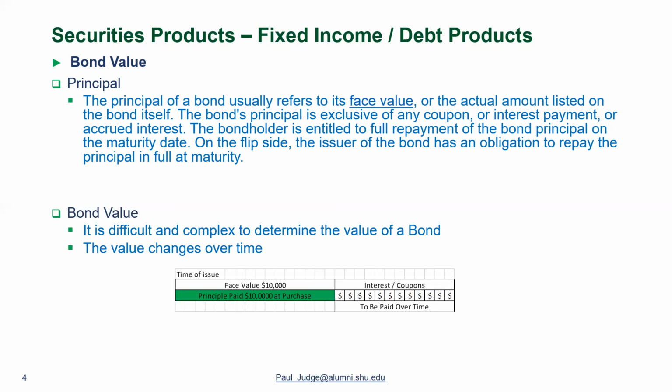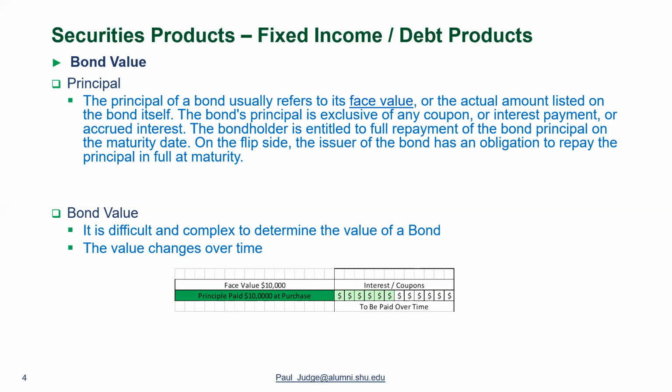They will be paid in the months ahead. They'll be paid in the future. Okay. So as we go through time, the interest payments get made. But when half those interest payments have been paid, the bond is no longer valued the same as it would have been when initially issued.